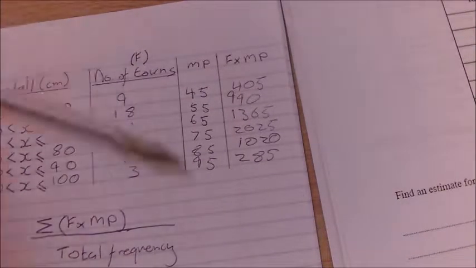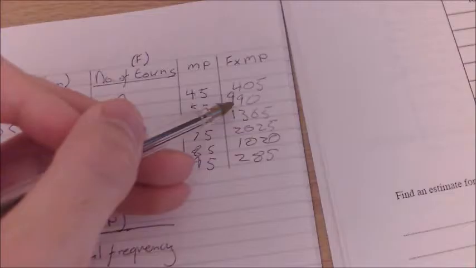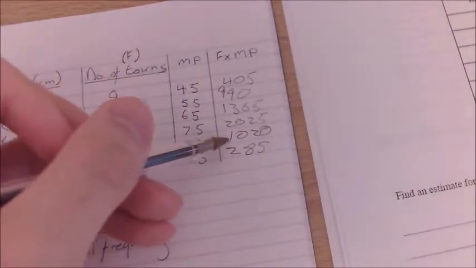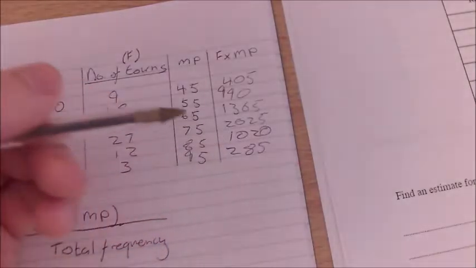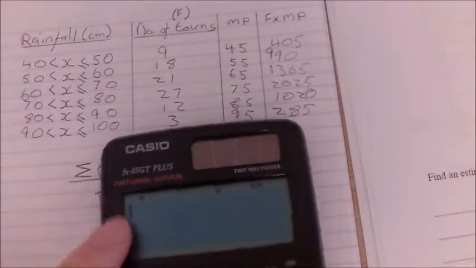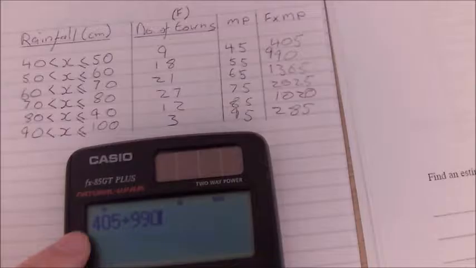We've got 405, 990, 1365, 2025, 1020, and 285. If we add them all up, we get the sum of all that. So that is 405 plus 990 plus 1365 plus 2025 plus 1020 plus 285.